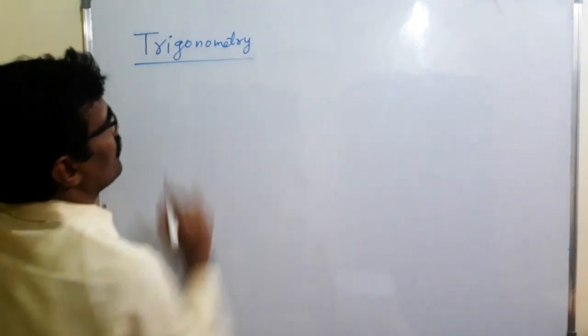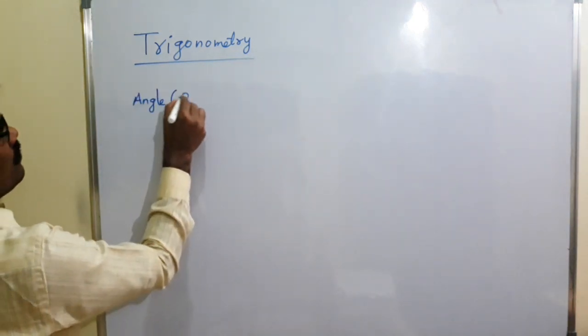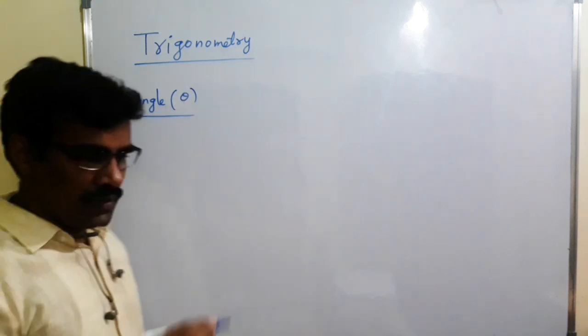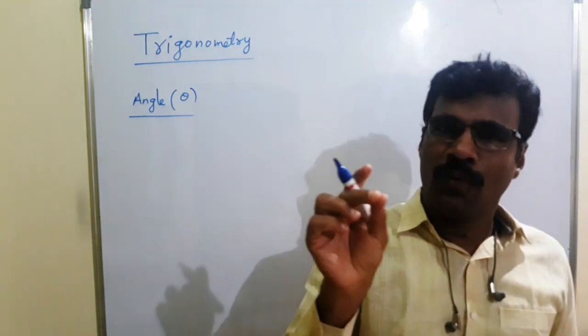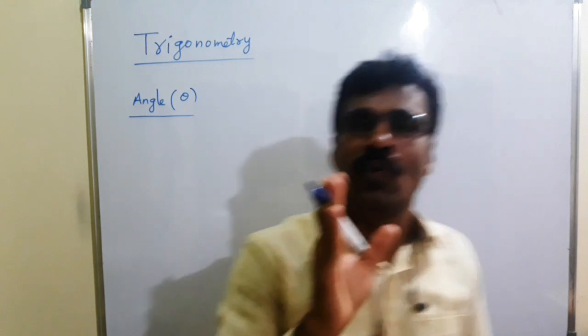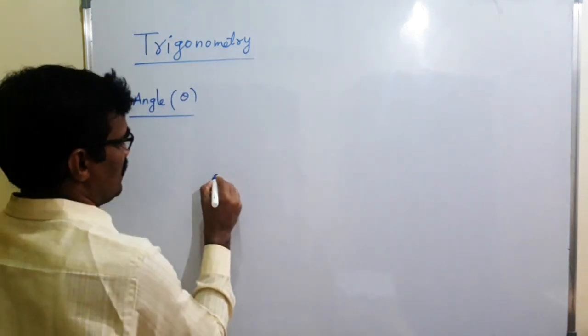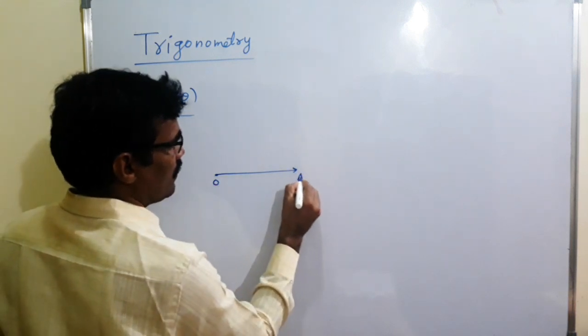Trigonometry. Angle. What is angle? It is the measure of amount of rotation from one side of angle to other side. That means point O, A. This is one side.